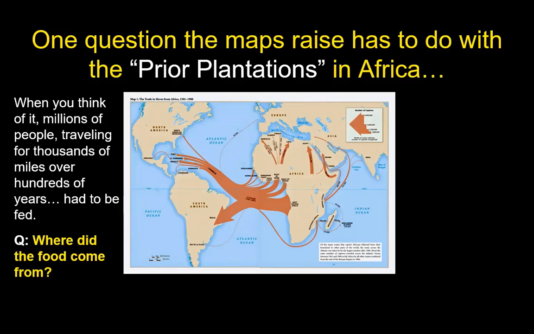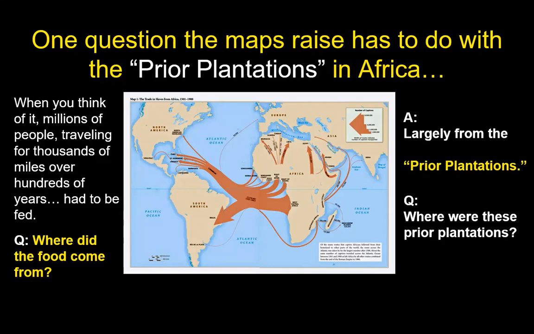Where did the food come from? For, as they say, millions of people traveling thousands of miles over hundreds of years, this is a not insubstantial amount of food production that came largely from prior plantations that had to have existed in Africa for the production of food. Where were these prior plantations? It's a bit of a mystery.